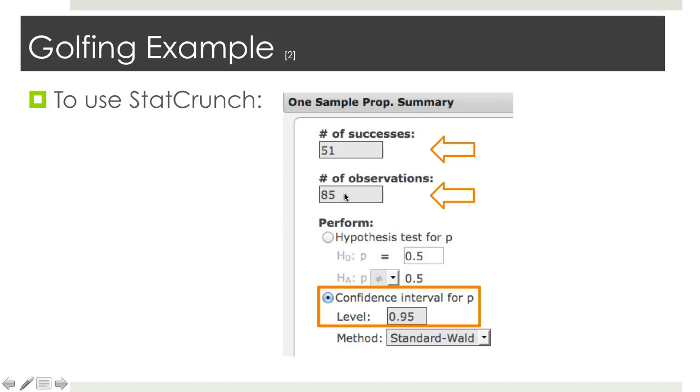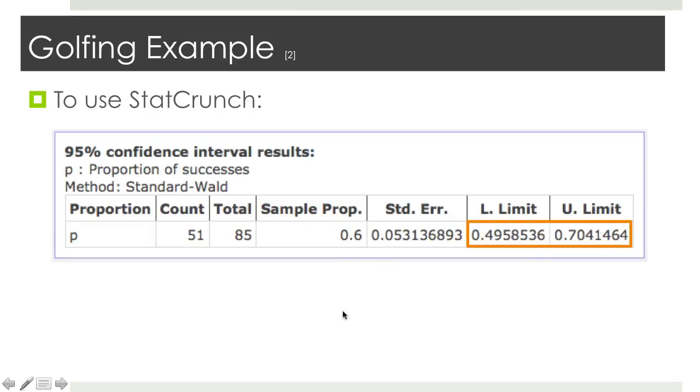That was 85. And what is the number of successes? As I said before, we define successes to be related to what we're measuring. Since we're measuring the proportion of women who were satisfied with their tea times, 51 of them did so, and so that is considered to be a success. We put in our confidence level of 0.95, which is what we were after, and then ask it to compute.